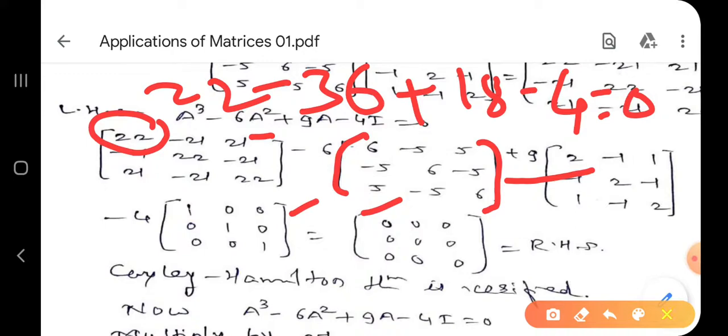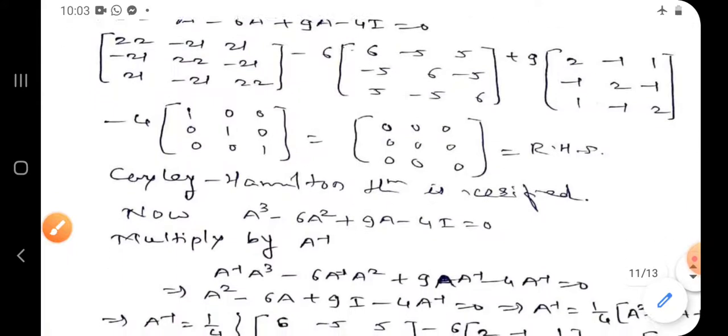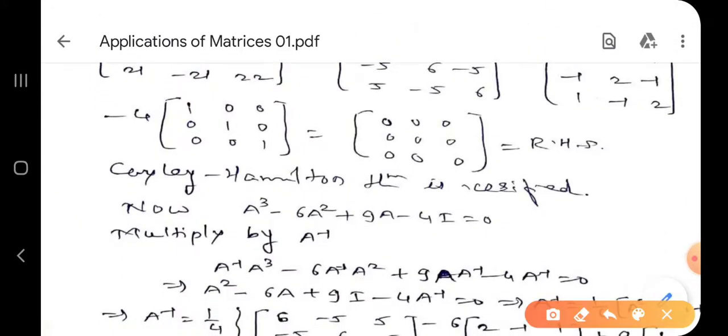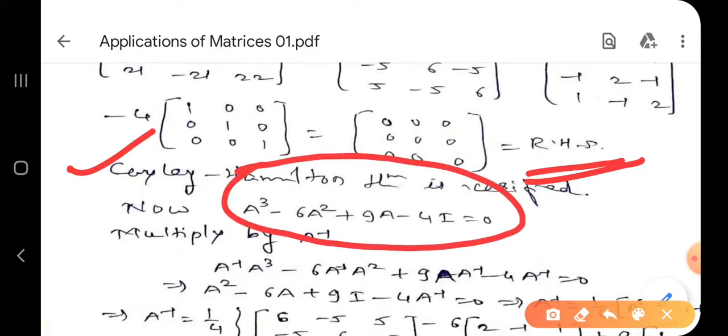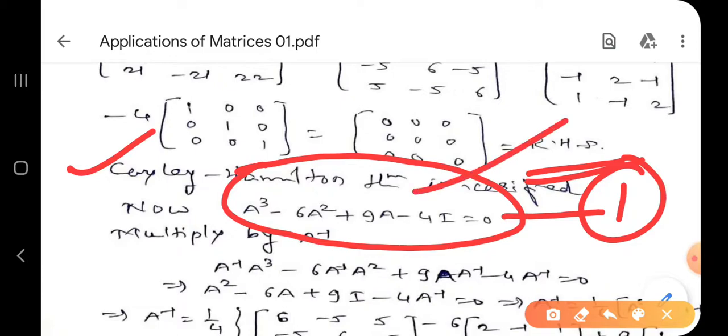You will get 0 0 0 0 0 0, which is equal to RHS. Therefore, Cayley Hamilton theorem is verified. So we have verified Cayley Hamilton theorem. Means what we get? We get A cube minus 6A square plus 9A minus 4I is equal to 0. This is our first equation.